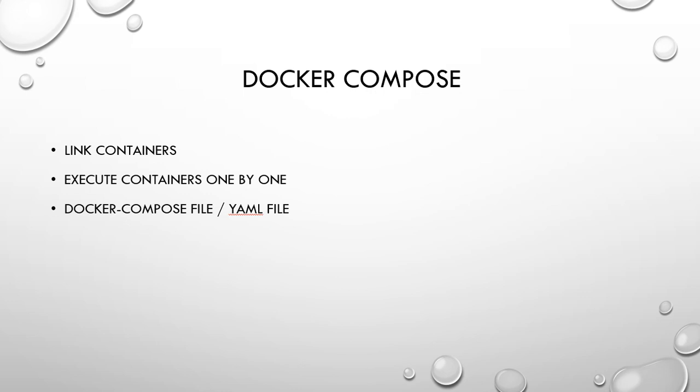These containers can be run at once with a single command, and this can be done with the help of a Docker compose file. Here I think I made a mistake: it doesn't execute each container one by one, it just executes all the containers at once with a single command.